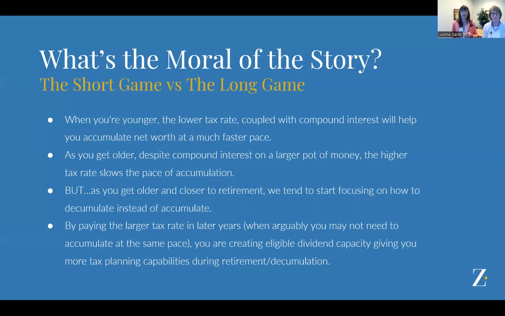So of the money that you had stashed in the corporation at age 65, about 1.5 million of that is going to be money that can be paid out at the eligible dividend tax rate versus the ineligible dividend tax rate. So that will start allowing you, again, that greater tax planning capability within your retirement in your decumulation years.